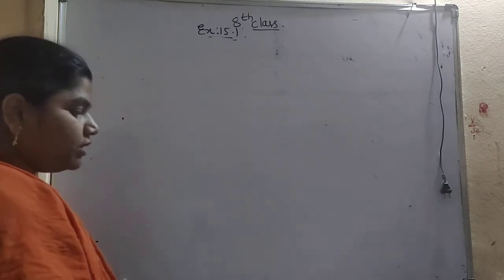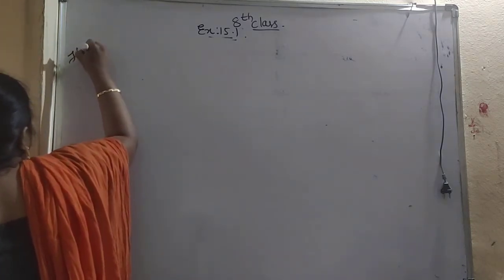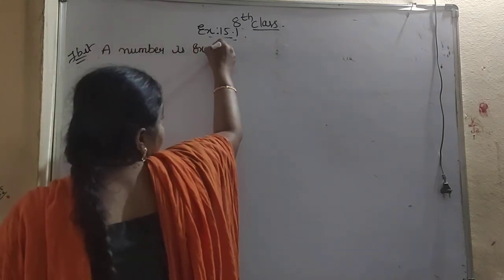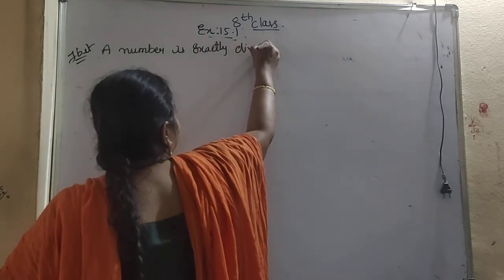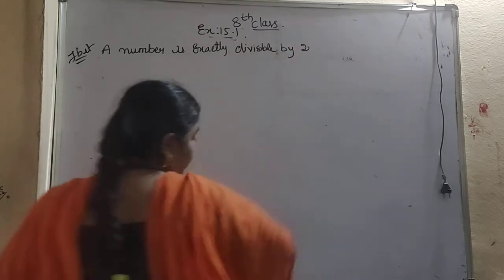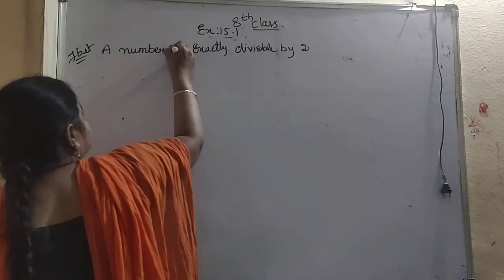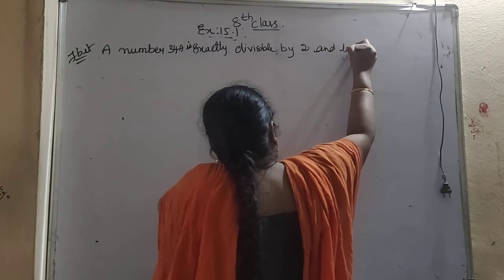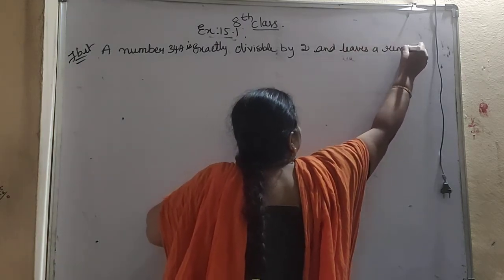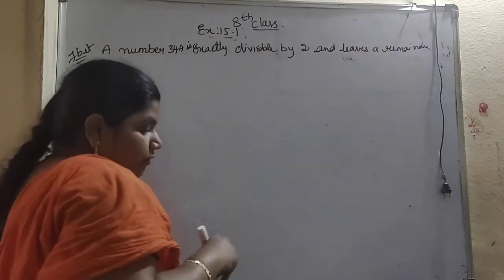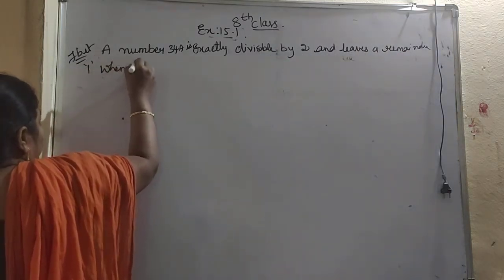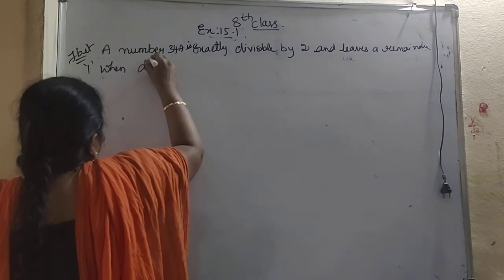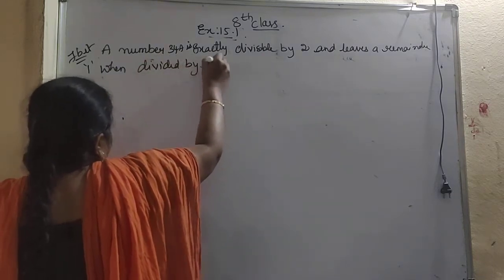A number 34a is exactly divisible by 2 and leaves a remainder 1 when divided by 5.